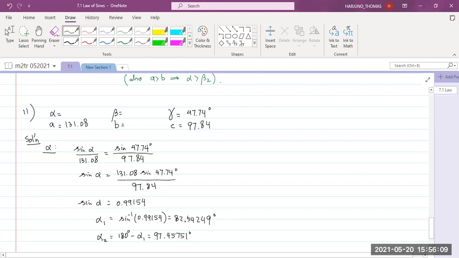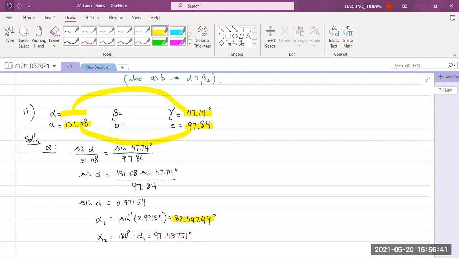And there's no way for us to eliminate either one of these, because first, notice that angle alpha 1 with gamma is less than 180 degrees, and alpha 1 is bigger than gamma, as we expect, because side A is longer than C. So this solution qualified. In fact, this solution also qualified. I cannot eliminate either one of them.